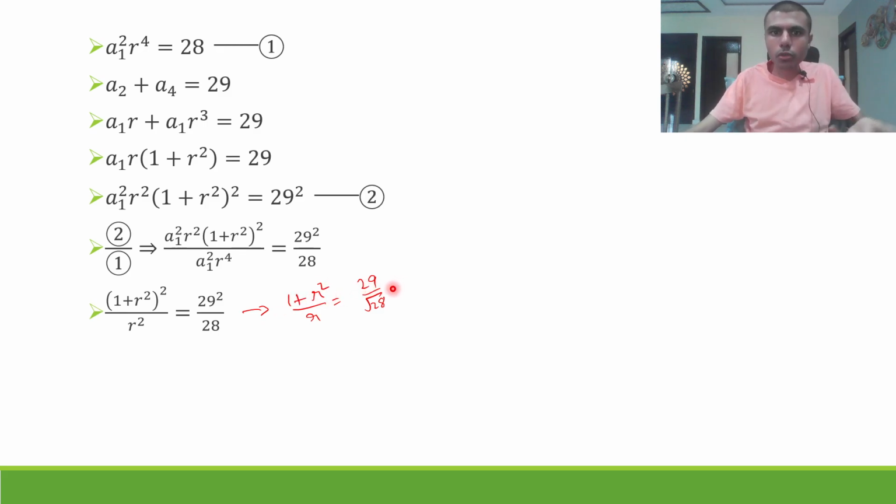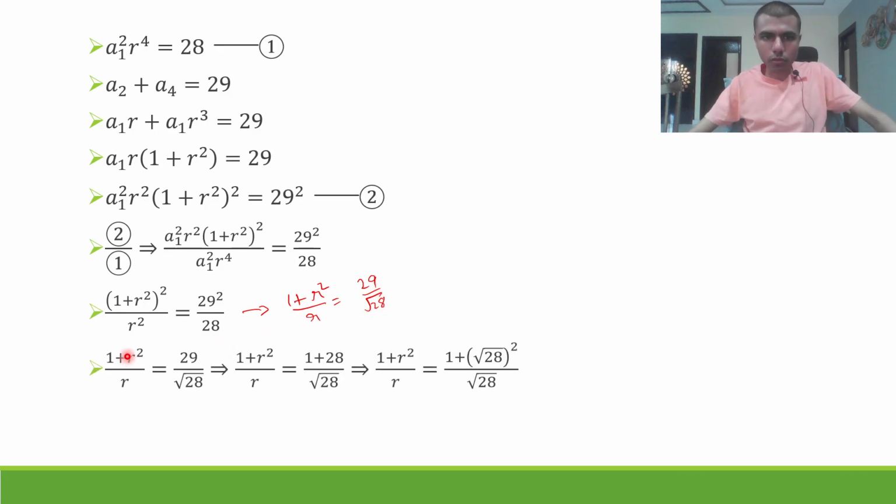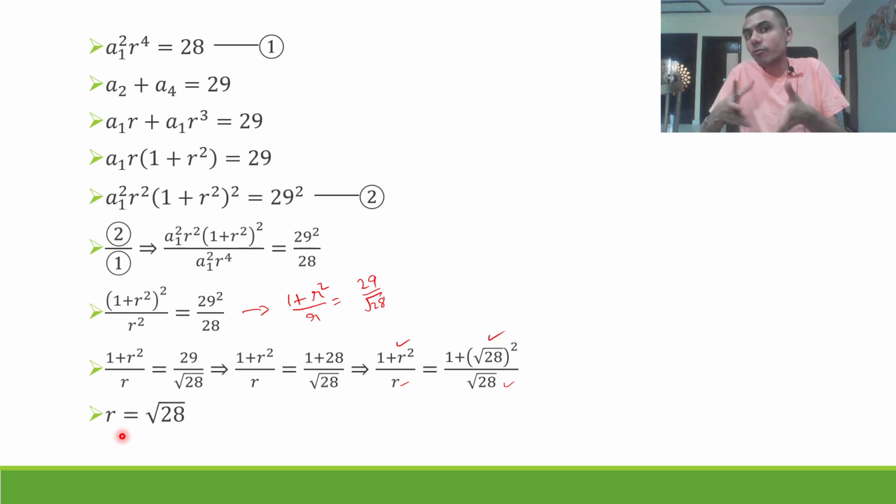So you see R equal to root 28 satisfies this equation. So 29 I can write as 1 plus 28, and 28 is nothing but root 28 whole square. So if you compare these two, R square is root 28 whole square and R is root 28. So I would get R is root 28. Which is true, right? Root 28 is something like 5 point something, because root 25 is 5. So the value of R I got is correct.